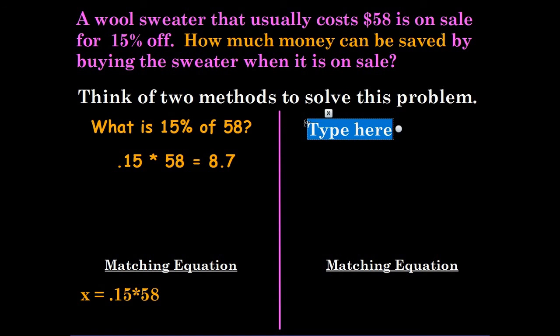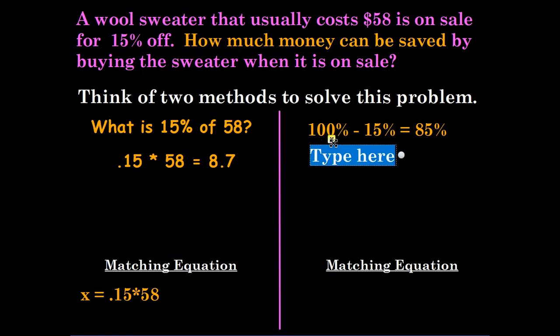So some of you said, okay, well, if the sweater is on sale for 15% off, that means the sweater costs 85% of $58, because 100% minus 15% equals 85%. Now, it's sort of an unnecessary way to go about doing this, but I'm addressing it mainly because I saw several of you doing this, and I want to make sure we see how these two things connect.